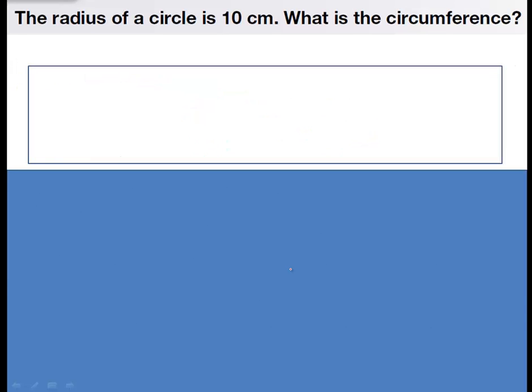All right, so let's start with this one here, pretty basic. The radius of a circle is 10 centimeters. So if you've got a circle, is the radius all the way across? Nope, that's diameter. Radius is just halfway. So if that equals 10, then what's all the way across going to equal? That'd be another 10. So our diameter is going to be equal to 20.